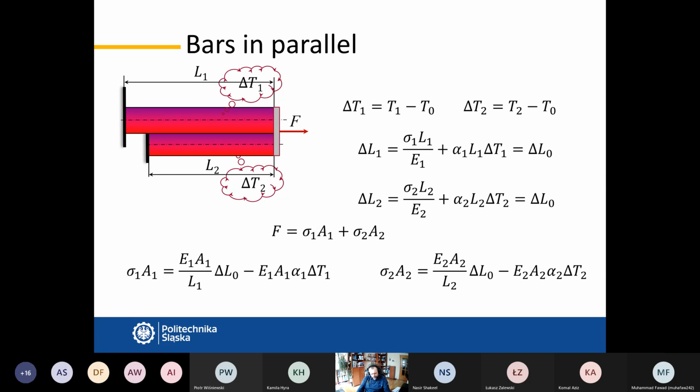Since it wants to deform, it exerts force on the support. The support, on the basis of Newton's third law, provides an opposite reaction, and we have a compression of the body due to the reactions.